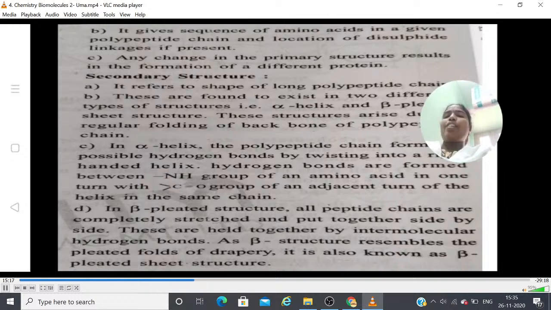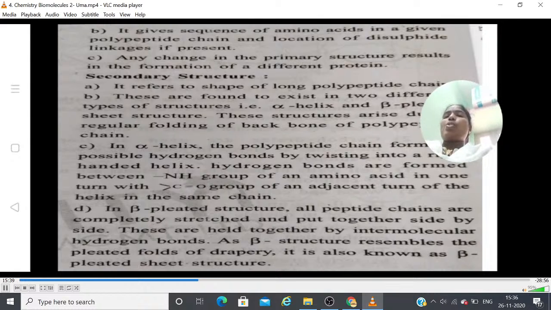These are held together by intermolecular hydrogen bonds. This is about the beta pleated structure. The second level of protein structure is secondary structure.